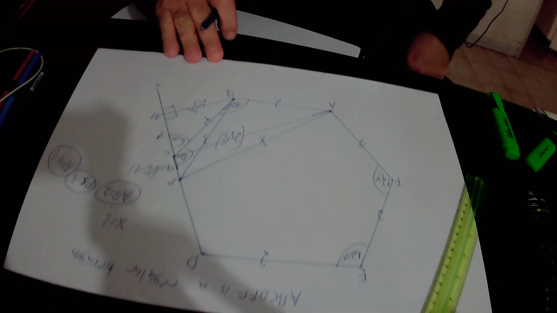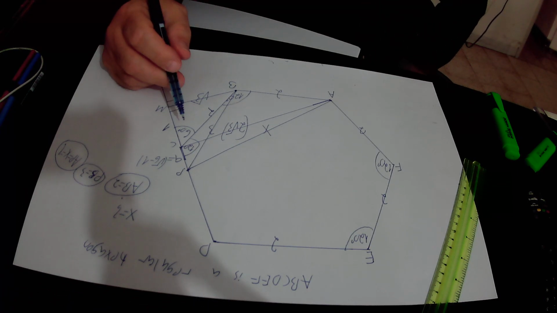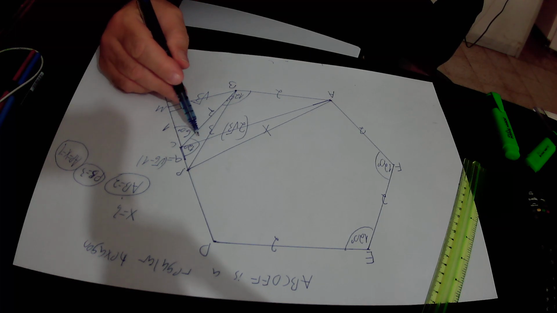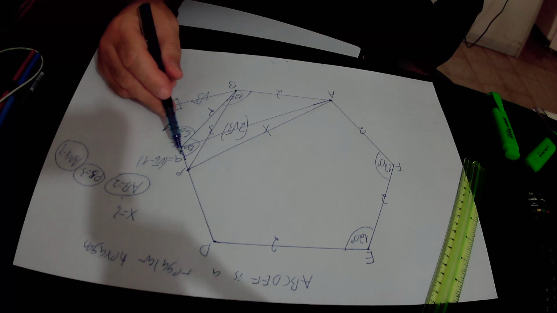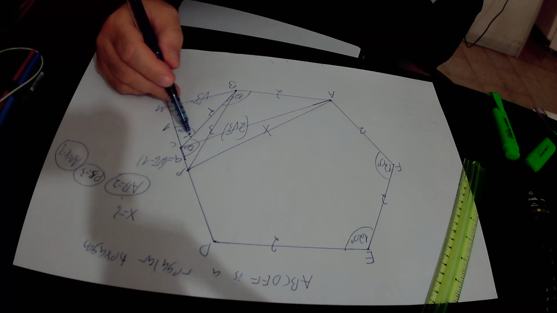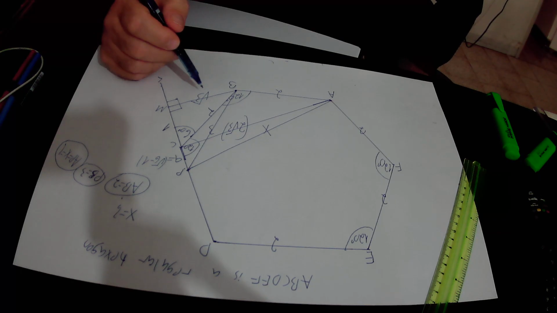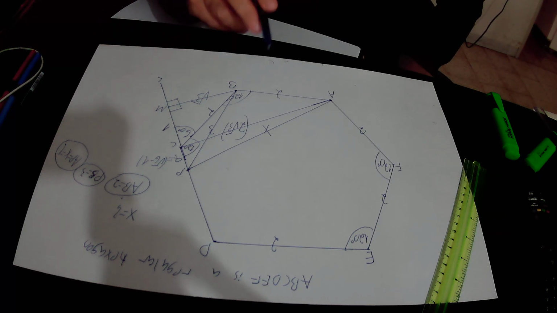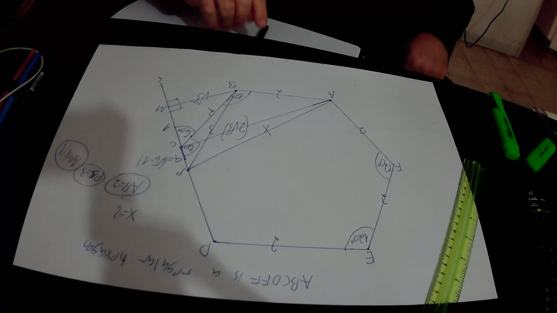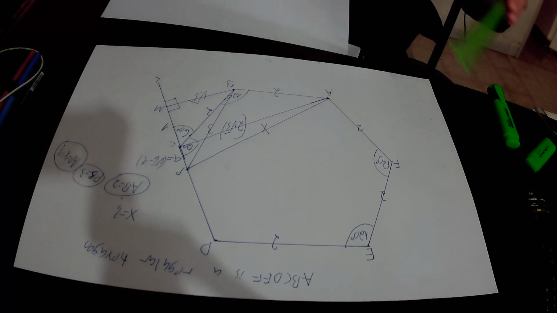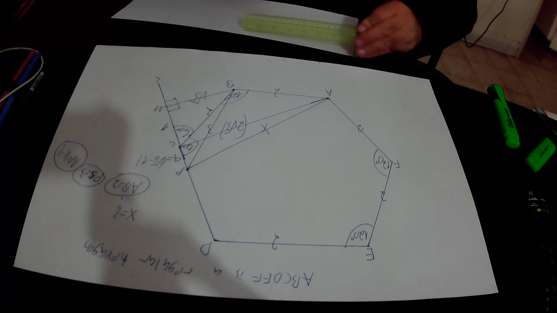Here we know that this angle equals 120 degrees. But if we focus on triangle ABC, this angle equals 180 degrees. So I'll copy again triangle ABC.